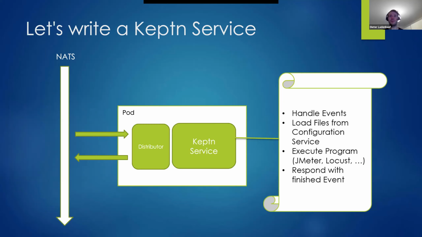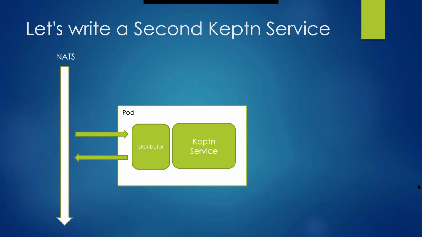And I believe also Christian created a second template this week for writing a Keptn service in Python. So very, very nice. But the point here is it's really easy to get started.